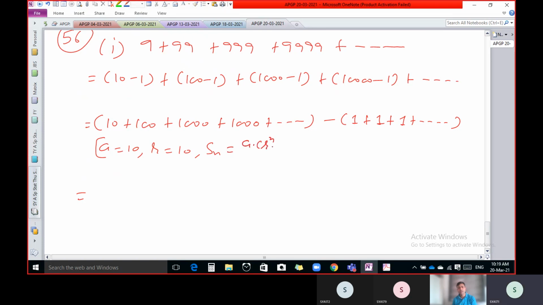A into R raised to n minus 1 upon R minus 1. This is the formula of Sn. Just for your reference, you have to write it directly. So what is A? 10. In bracket, R? 10. 10 raised to n minus 1 upon 10 minus 1.